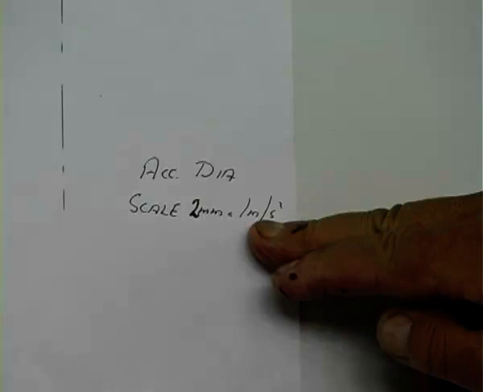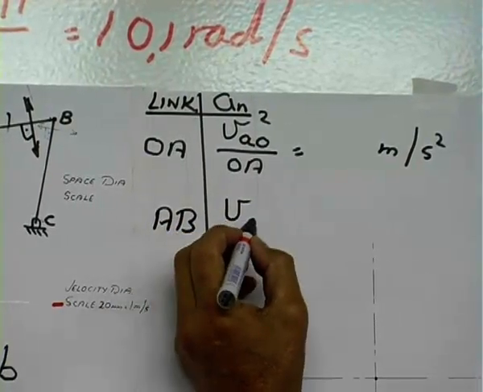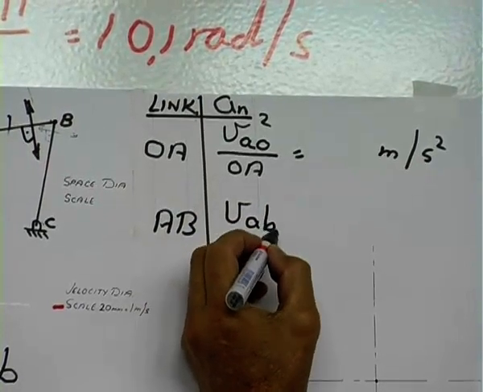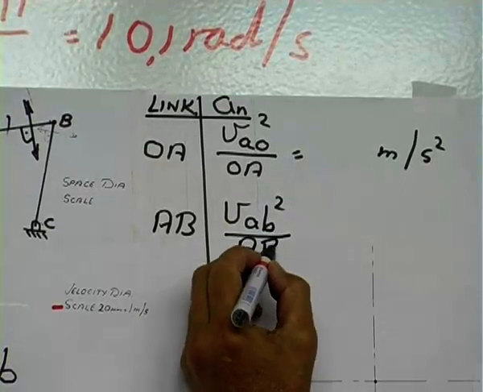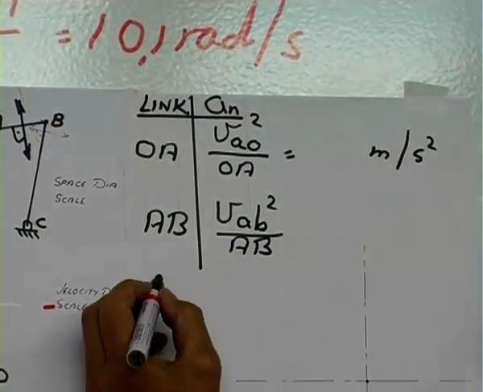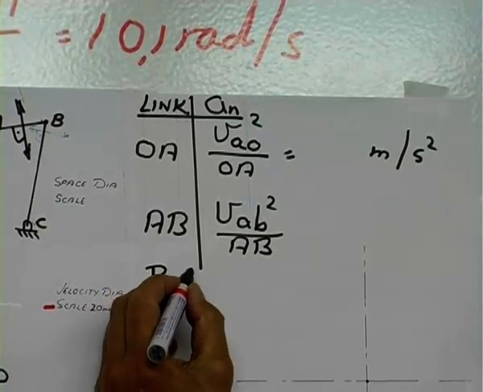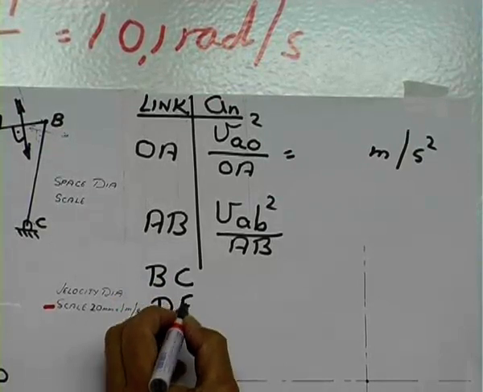Né? Right. The next one will be link AB. So we need the velocity of A relative to B squared divided by the length of that link AB. Also, I don't have space here. You do the same with BC, also with DE.